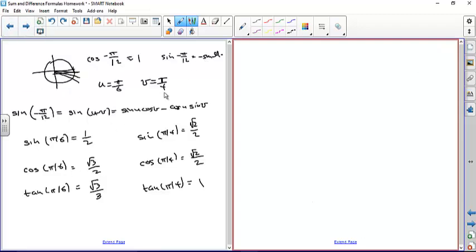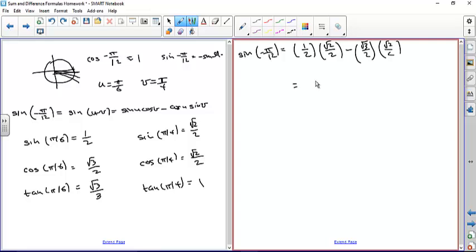Now we can go ahead and plug it into the first equation. So the sine of negative pi over 12 is equal to the sine of u, which is 1/2, times the cosine of v, which is the square root of 2 over 2, and we subtract the cosine of u, which is the square root of 3 over 2, times the sine of v, which is the square root of 2 over 2.